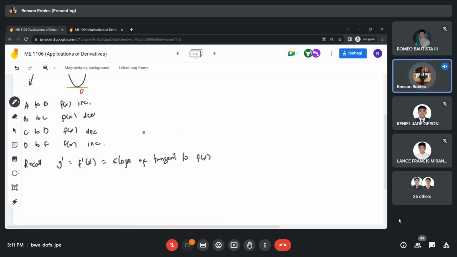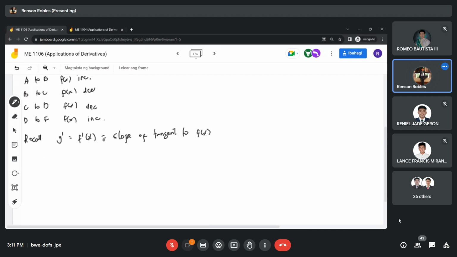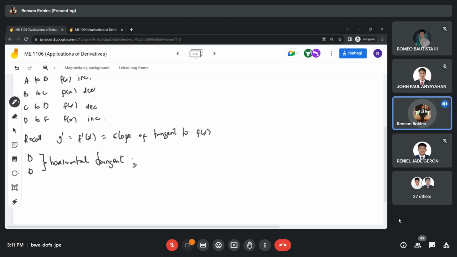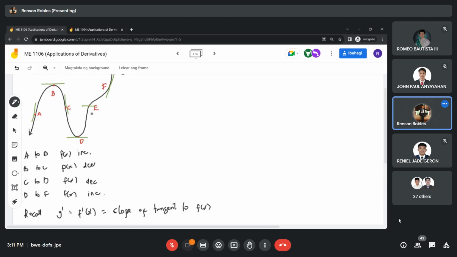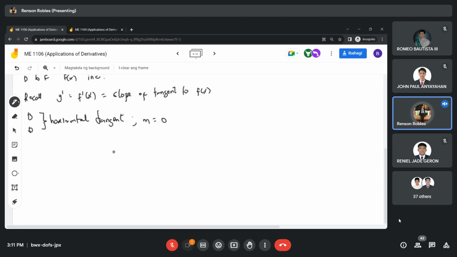And then you can see here that at point B and point D, you can draw a horizontal tangent. And what is the slope of a horizontal line? Zero. So it means that the slope at this point is zero. Meaning, at points B and D, the derivative of the function is zero, because there is a horizontal line that you can draw there.